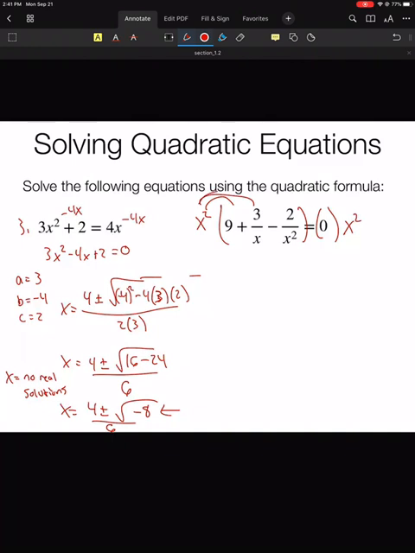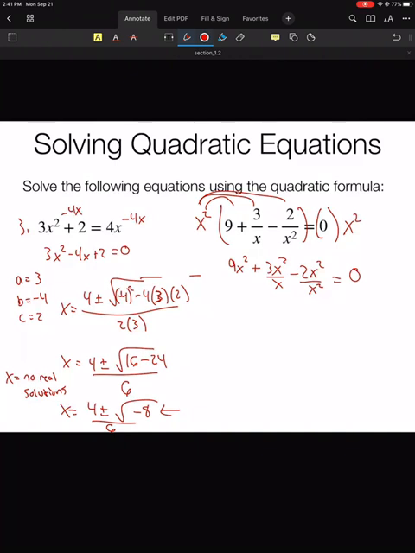Okay, so when I distribute that x squared through, what I get is 9x squared plus 3x squared over x minus 2x squared over x squared, and then 0 times anything is 0, so 0 stays on the right.